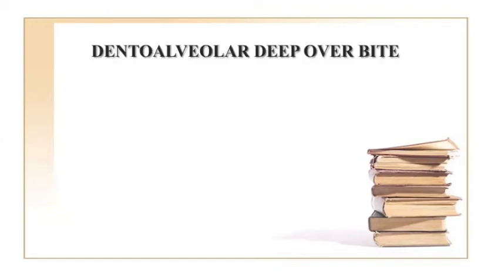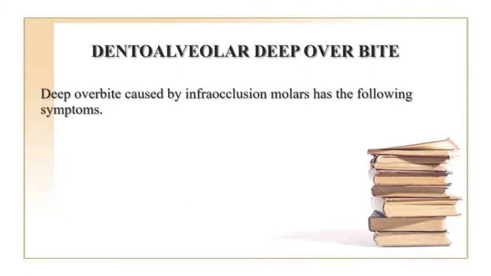Now coming to dentoalveolar deep overbite, it is usually caused by infraocclusion of molars, and I'll explain a few symptoms. The first symptom you see in this type of malocclusion is that molars are not fully erupted.